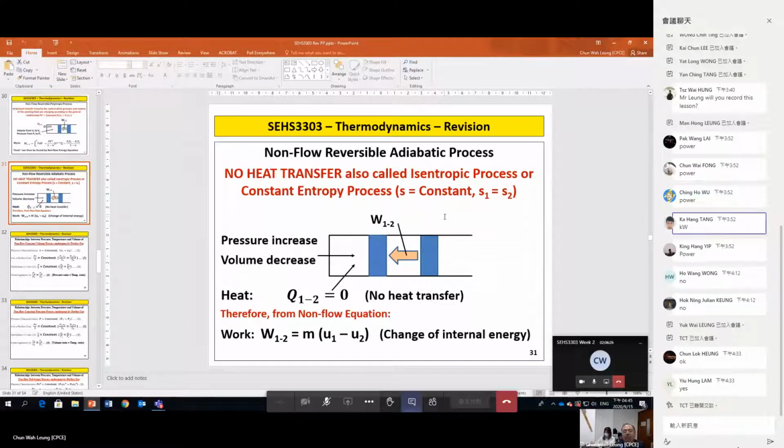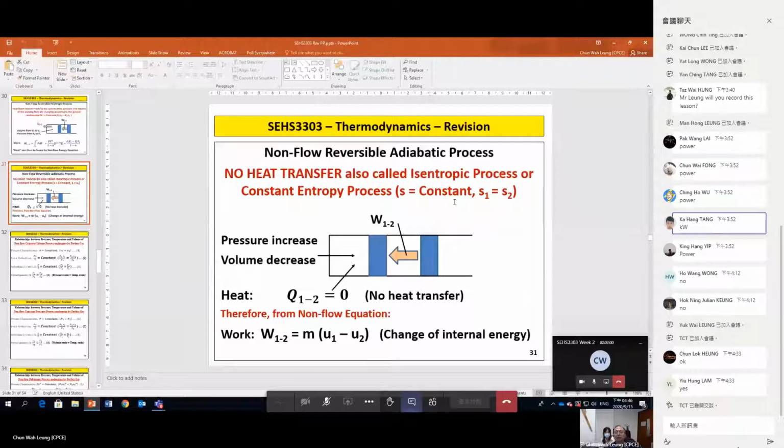But once you see this process, no matter whether you see isentropic or we write reversible adiabatic, they're the same, because reversible plus adiabatic is exactly equal to isentropic. Okay? Once we look at that, then it's very simple.